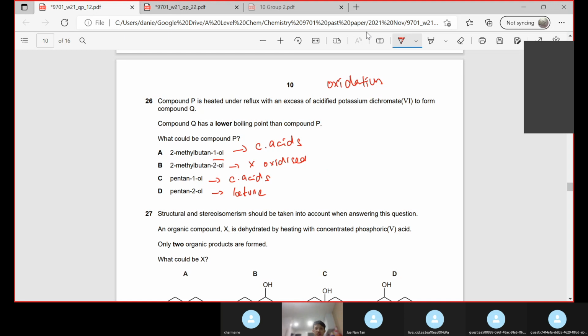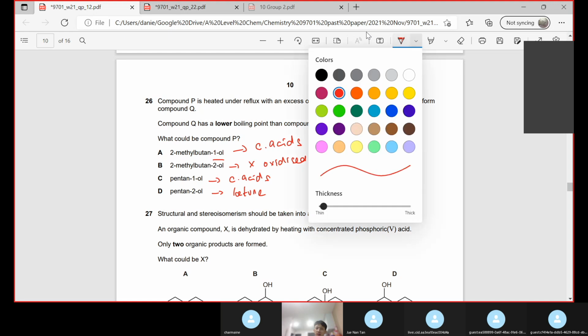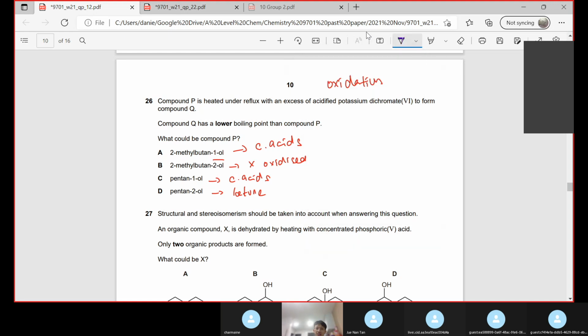Okay, compound Q, which is the product, has a lower boiling point than compound P. What could be compound P? Carboxylic acids can form more hydrogen bonds per molecule compared to the alcohol. That is the reason why the boiling point of carboxylic acid is greater.